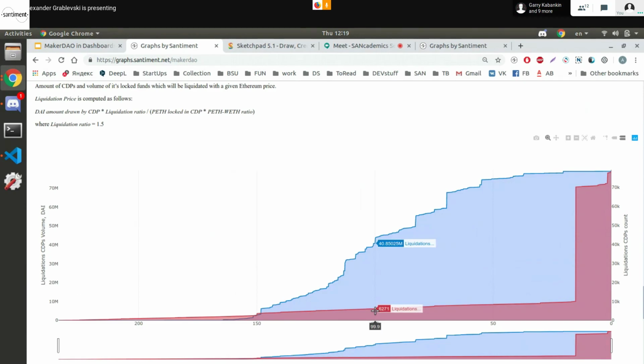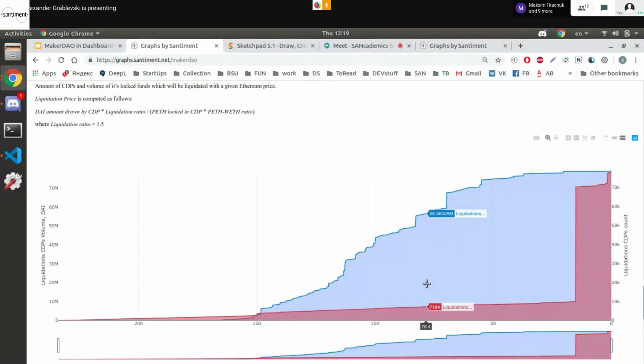We see that there were exactly 600 to 871 liquidation events. So that's basically about 600 CDPs that have been closed. And the total amount of ETH that is locked in these CDPs is about 40 million. And you can see the dynamics.